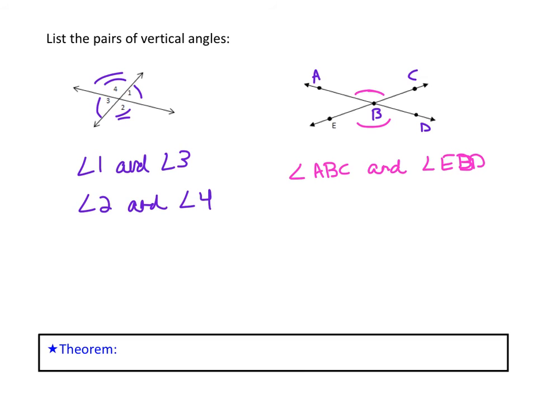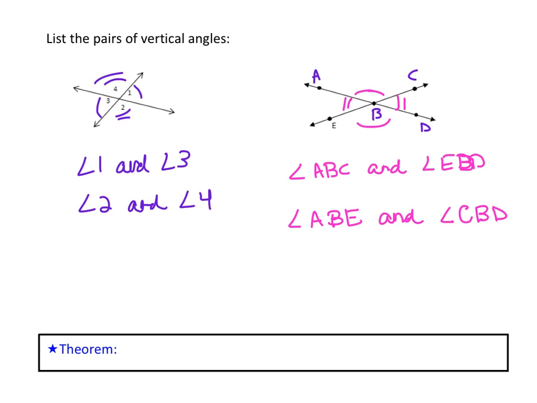Those are vertical angles with each other. Alright, another pair, we have angle ABE, that's this one right here, is a vertical pair with angle CBD over there. So you're just looking for angles that are opposite from each other, formed by intersecting lines, and those are vertical angles.